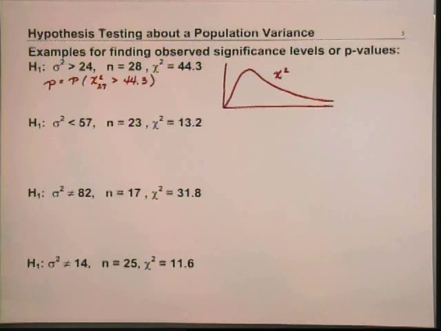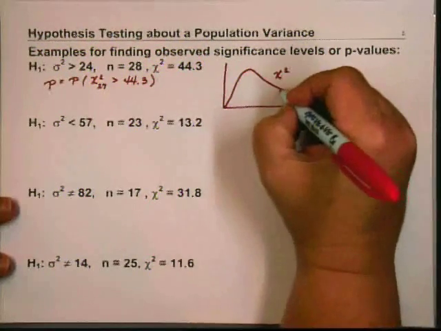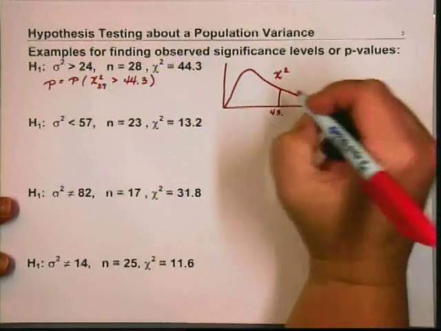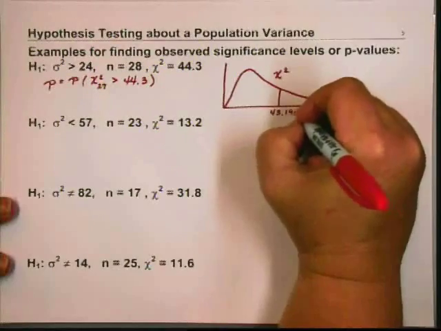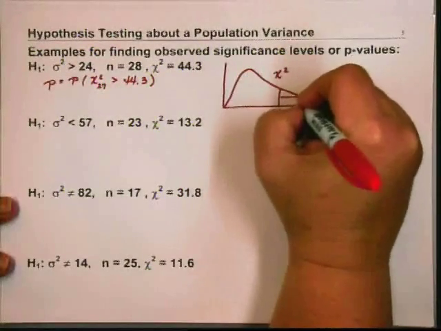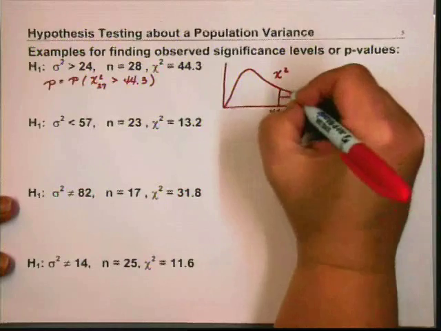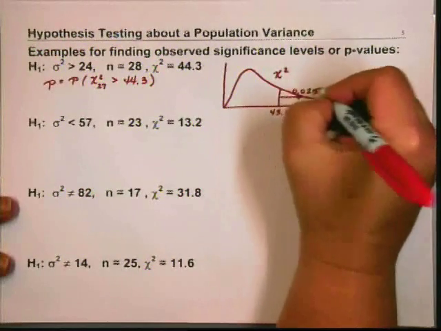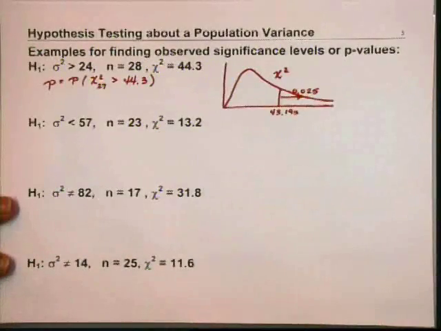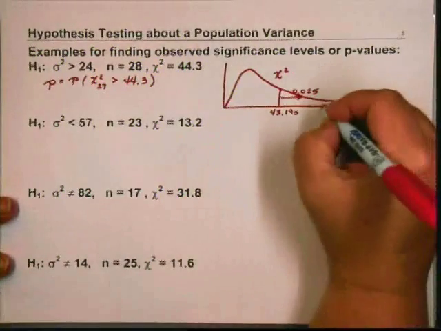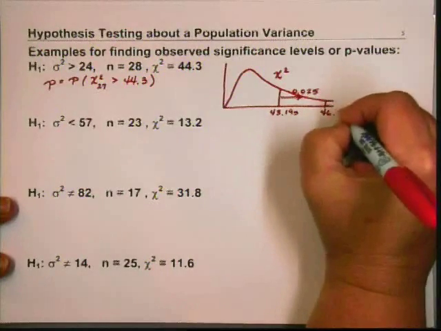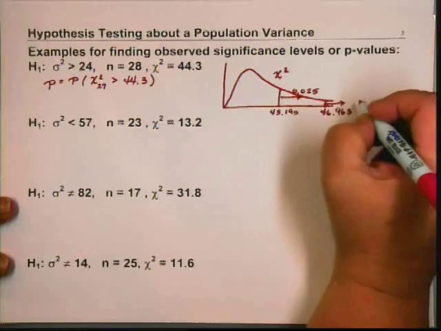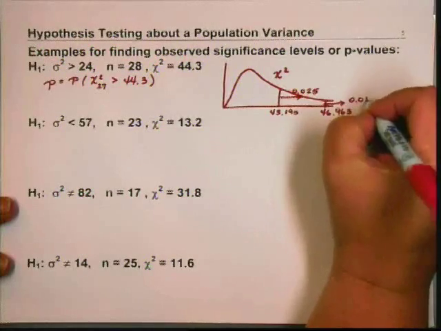When you read across, you come to 43.195, and it determines a right-hand area of 0.025. The next value, 46.963, determines a right-hand area of 0.01.